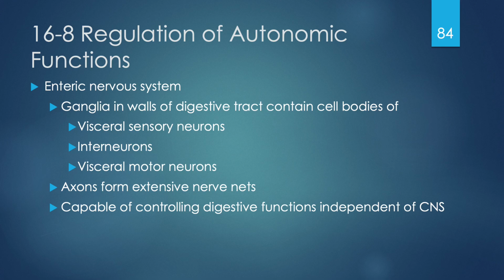So the axons then branch out extensively to form these nerve nets that are able to control the digestive functions totally independent of the CNS. So in this way, we have these axons stretching out, and so we're able to then innervate a segment at a time so that we can contract sequentially to have peristalsis.